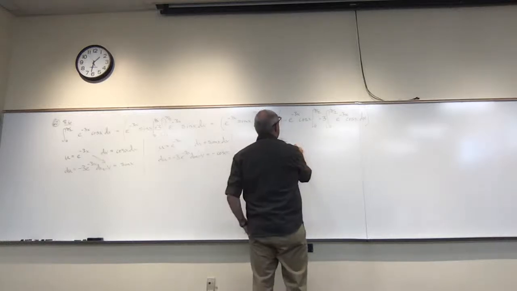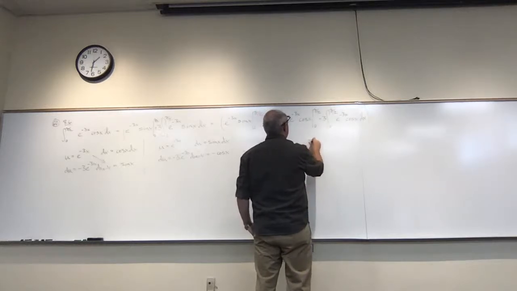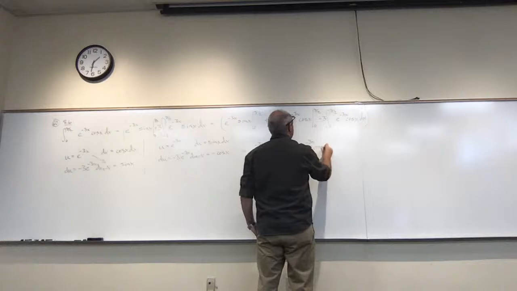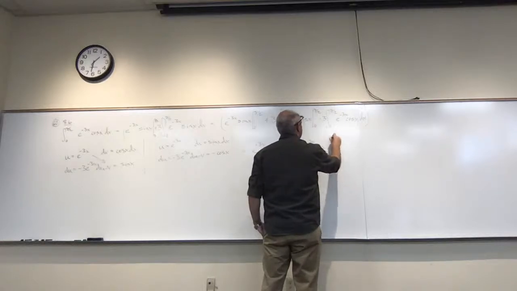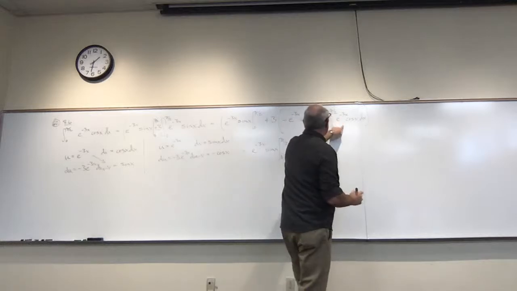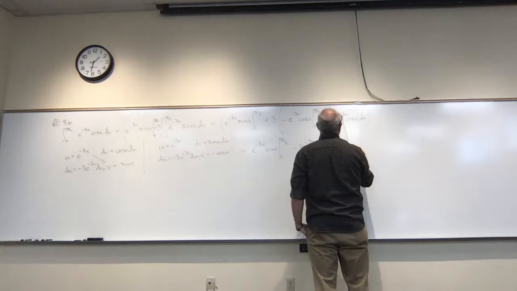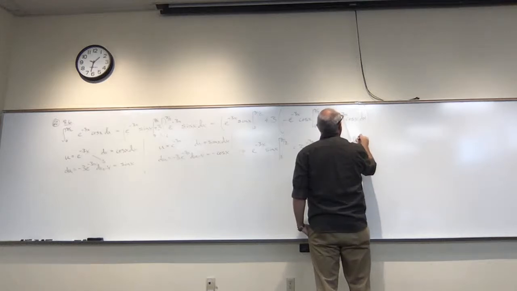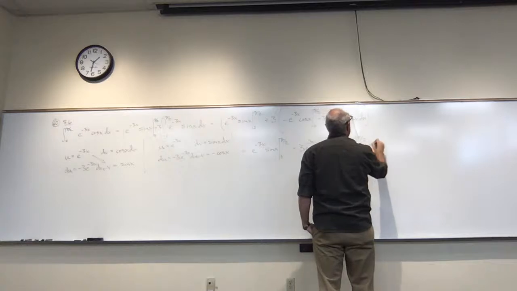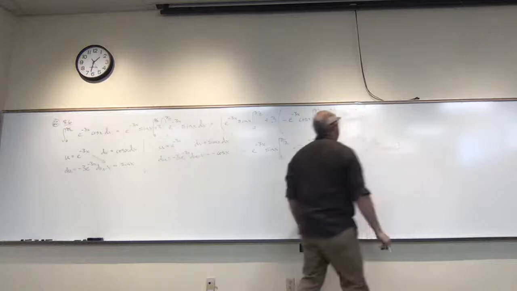So I get minus 3 e to the negative 3x cosine x, evaluated from 0 to pi over 2. And then I get minus 9 of these. So minus 9 integrals from 0 to pi over 2 of e to the minus 3x cosine x dx.